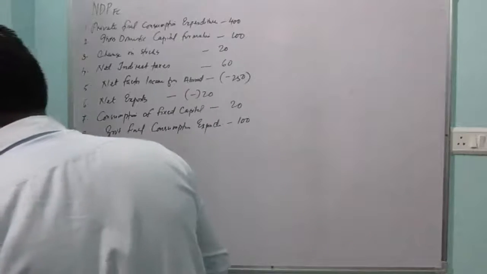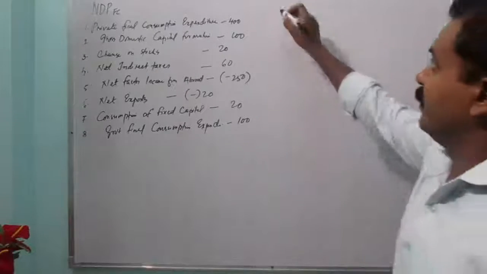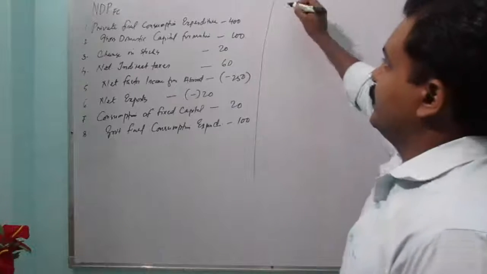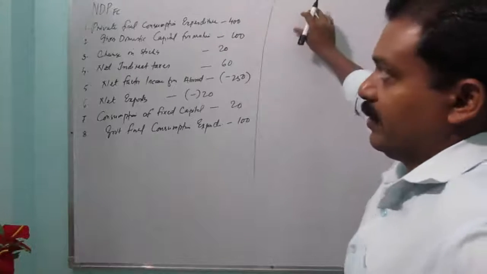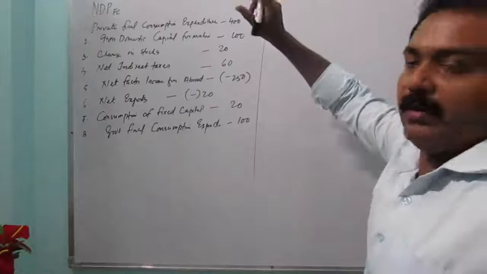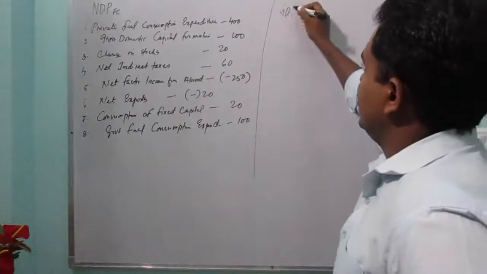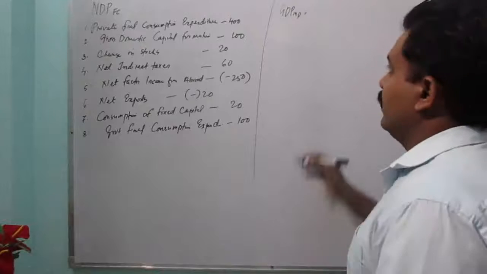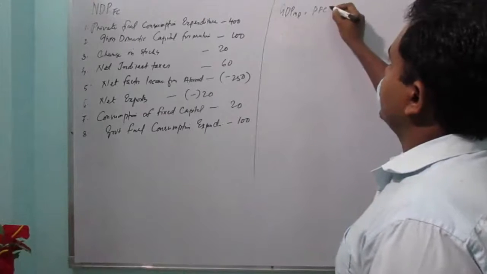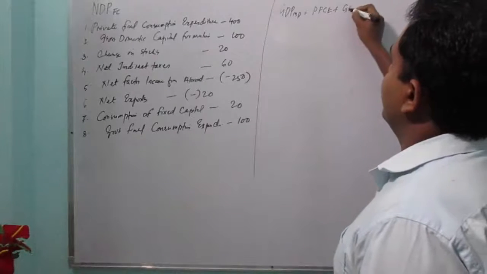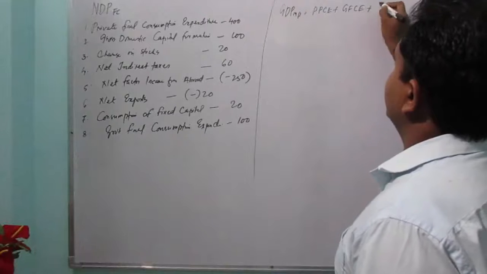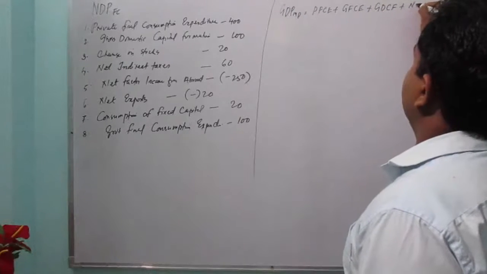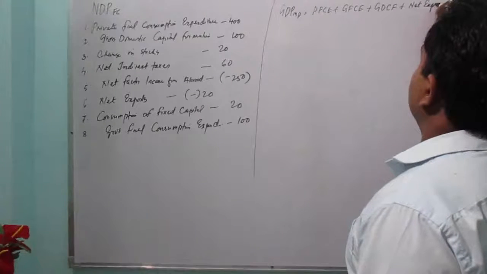Now we are going to solve the numerical. So NDP FC starts here, net domestic product at factor cost. GDP MP is equal to private final consumption expenditure plus government final consumption expenditure plus gross domestic capital formation plus net exports.